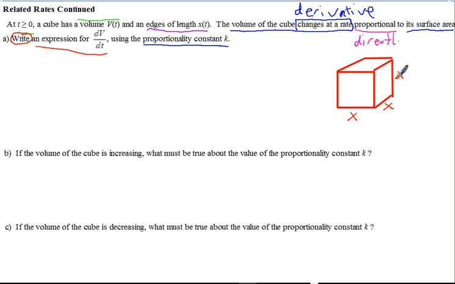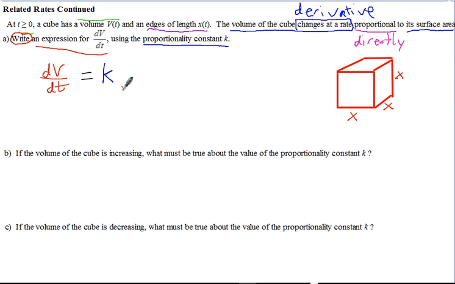And it says the volume of the cube changes at a rate, that's the dV/dt it's talking about, so we can say dV/dt is proportional or directly proportional. And remember when it's directly proportional, it means it's the proportionality constant k, or whatever letter they choose to use, in this case k, times whatever it's directly proportional to.